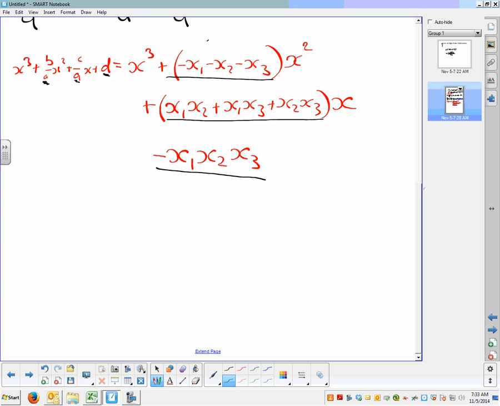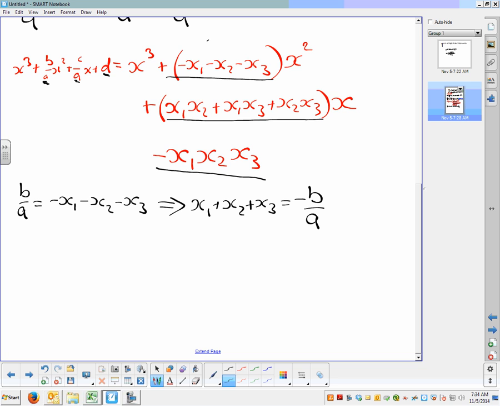So if I knew the roots of the equation x1, x2, x3, then I could work out the coefficients, because I know that b over a is equal to negative x1, negative x2, negative x3. But we usually write it like this: x1 plus x2 plus x3 is equal to minus b over a.